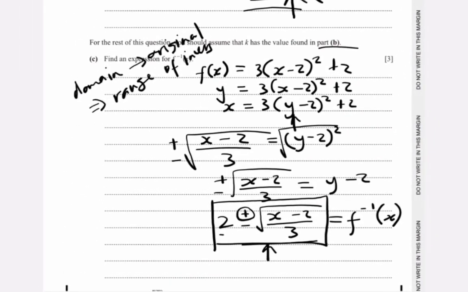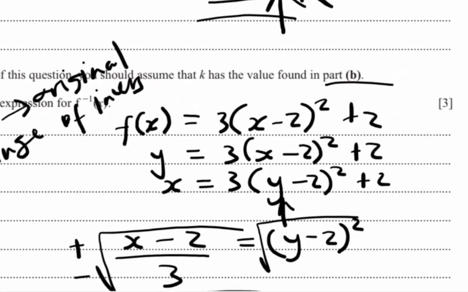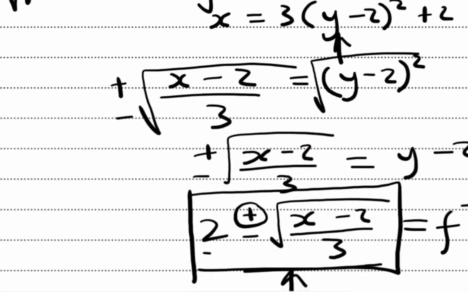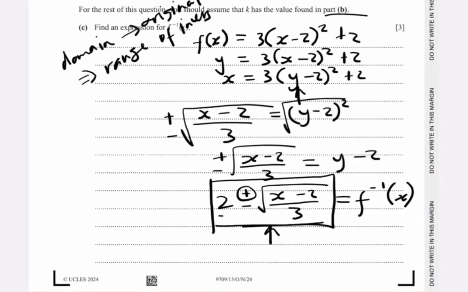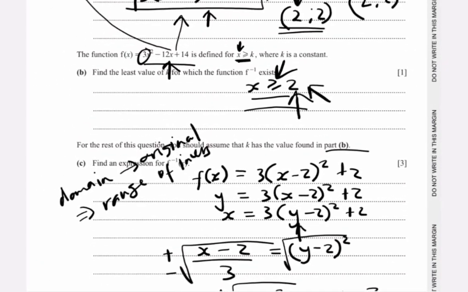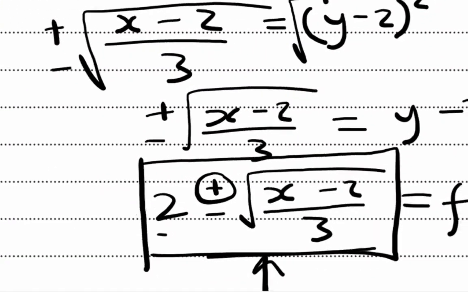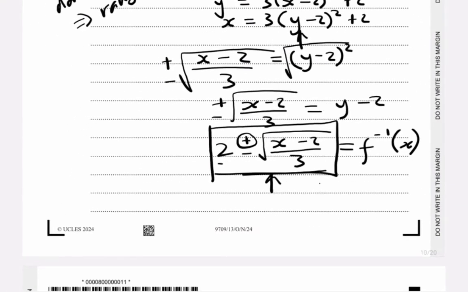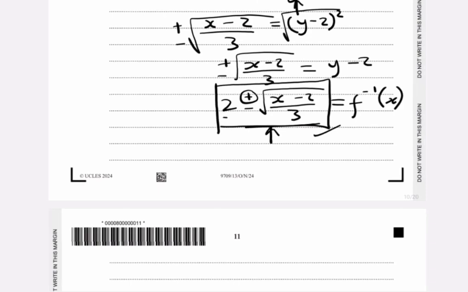Or you can just say, whenever you see a greater than on the domain of the original there, you're taking the positive. And whenever you see a less than or equal to, you take the negative. And that can also work. So here we are taking the positive.